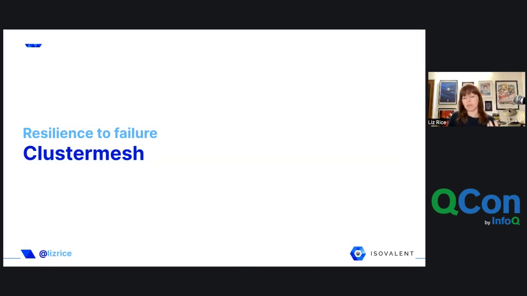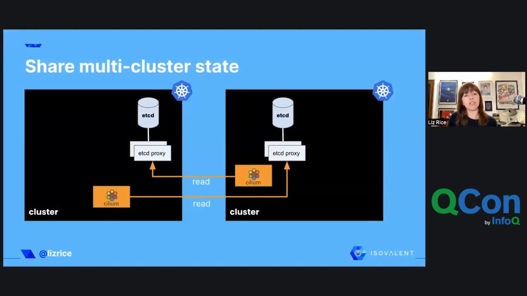So with cluster mesh, if we have two Kubernetes clusters, the Cilium agent running in each cluster will read a certain amount of information about the state of other clusters in that cluster mesh. Each cluster has its own database of configuration and state stored in etcd.